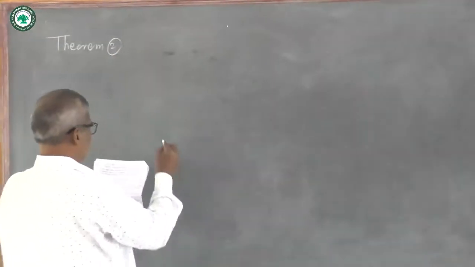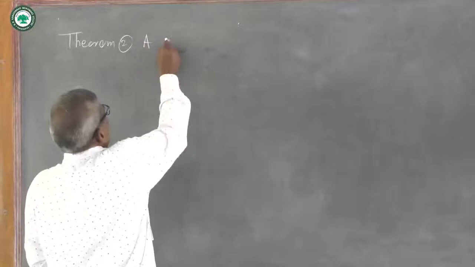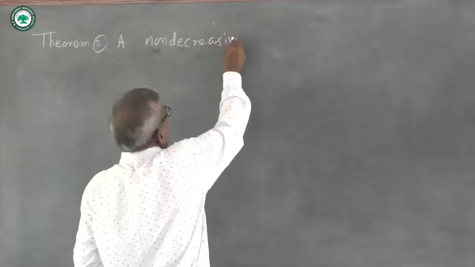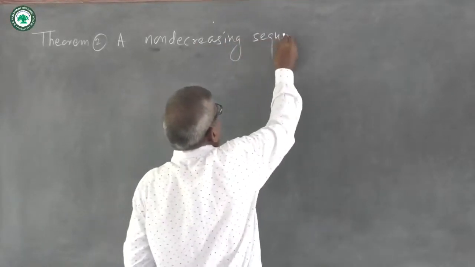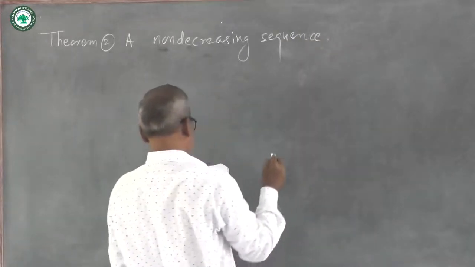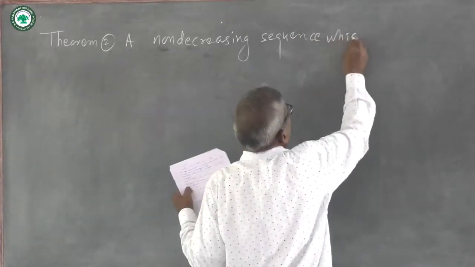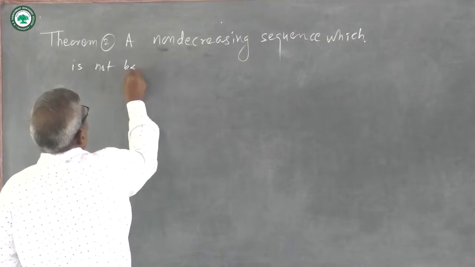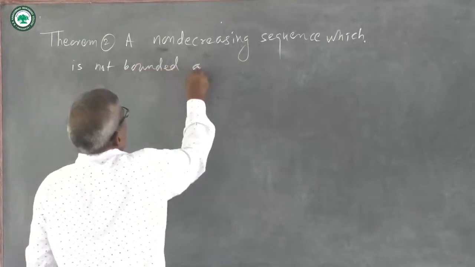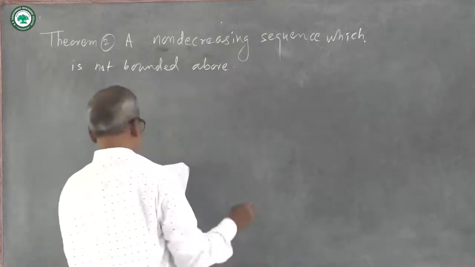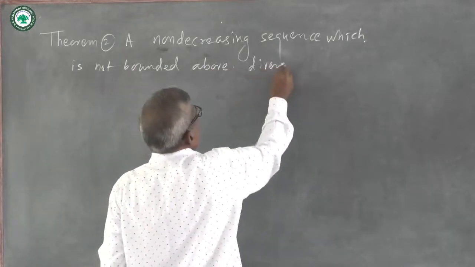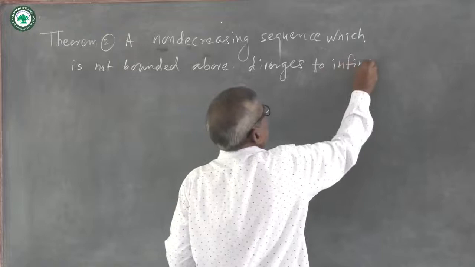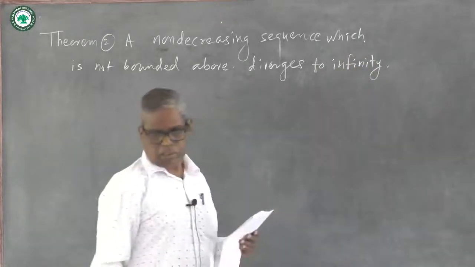A non-decreasing sequence which is not bounded above diverges to infinity. This is our second theorem.